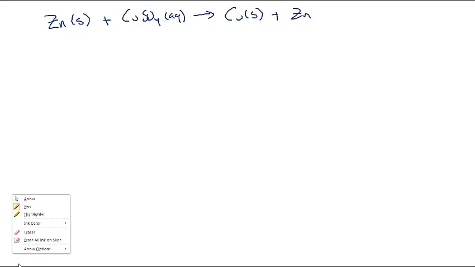We'll have zinc solid plus copper sulfate solution makes solid copper plus, you know what, I don't want to do that one. Sorry, guys. Let's erase that. We're going to do this one. Going to make it a little trickier for you guys. You guys can do it, though.